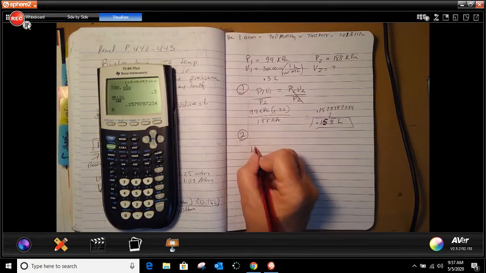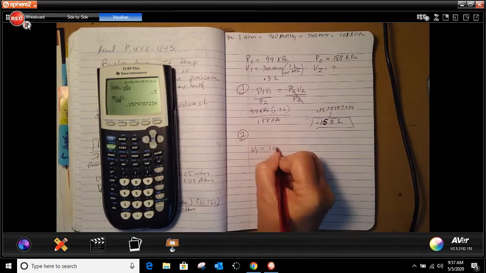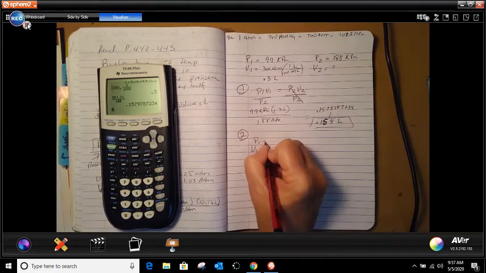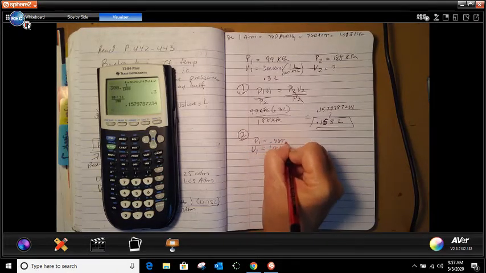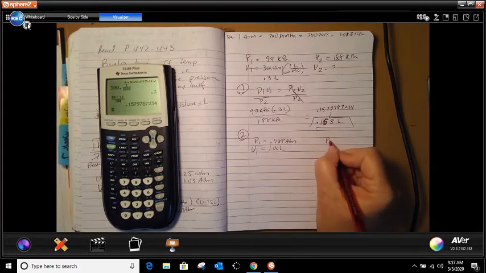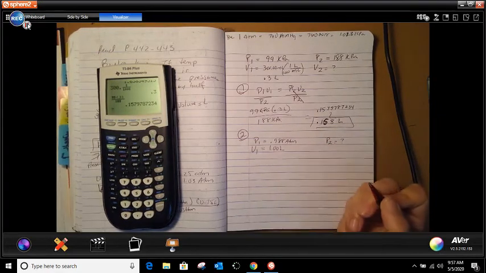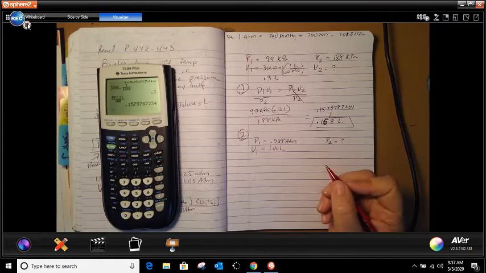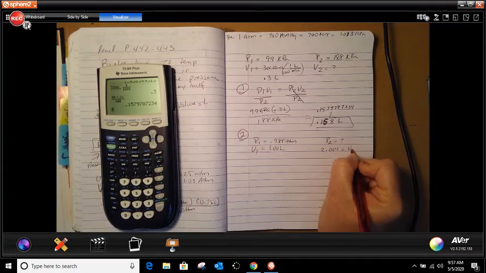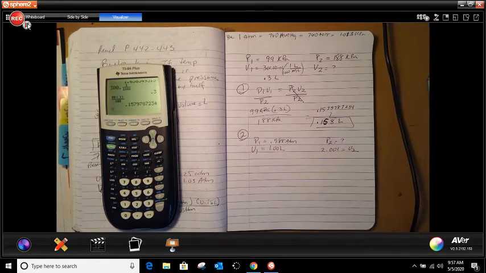So that's my volume 1, 1.00 liters, and then my pressure 1 equals 0.988 ATM. What is the new pressure? So I'm looking for pressure 2, okay? If the sample is in a 2.00 liter, and that is my volume 2. So I'm looking for P2 now.